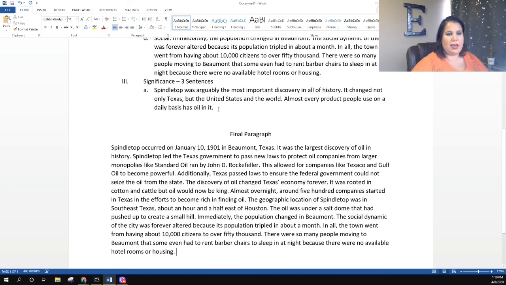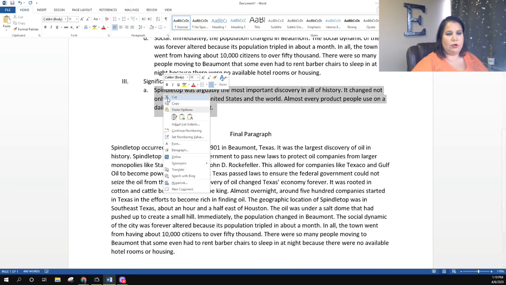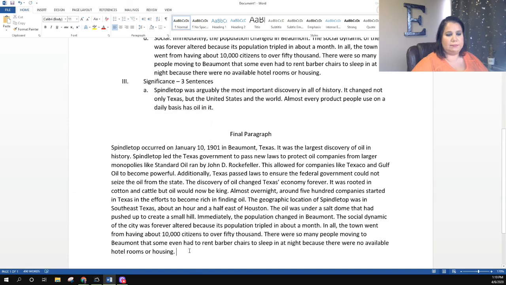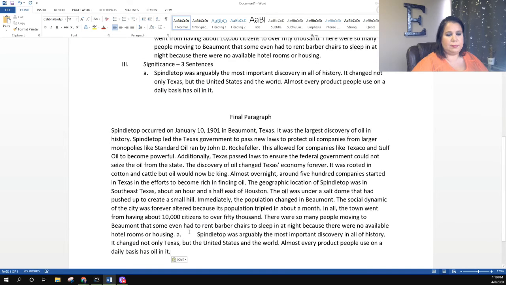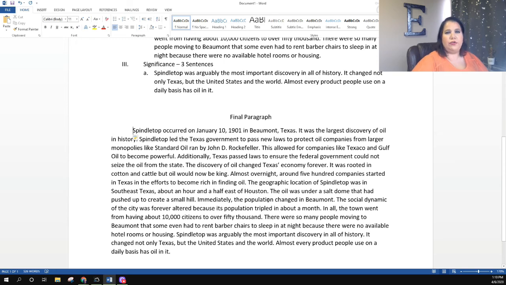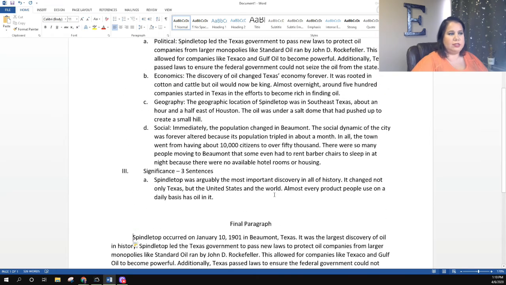And then finally we have our significance. Make sure if you have any formatting things like that you fix them, take them out. Tab over for your indentation.